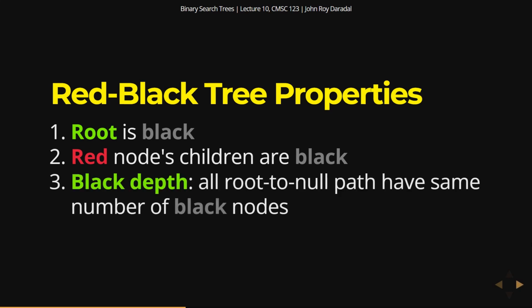And then finally, we have the black depth property, wherein all root to null paths should have the same number of black nodes. So from the root, if you go to the null nodes, along those paths, if you count the number of black nodes, it should be the same for all null nodes. Okay, so using these three properties, it will try to keep the red-black tree balanced.